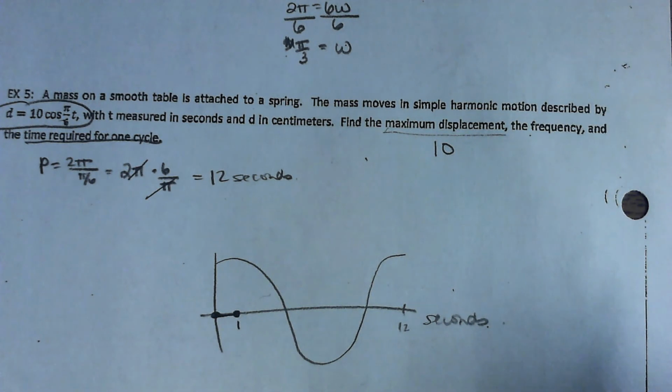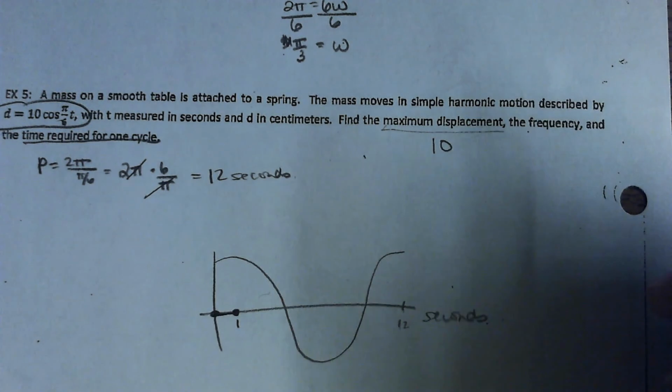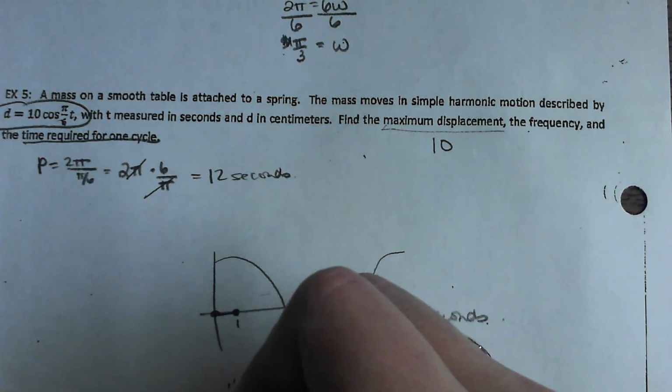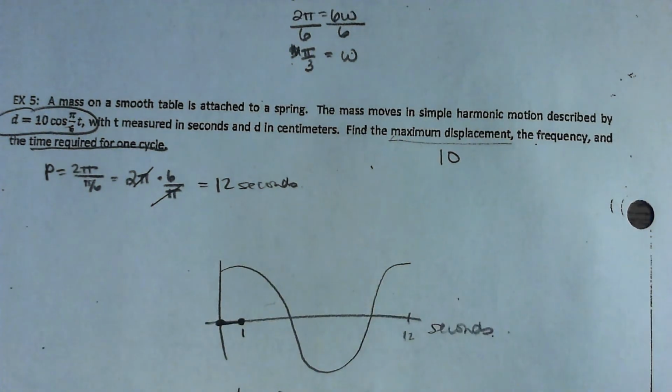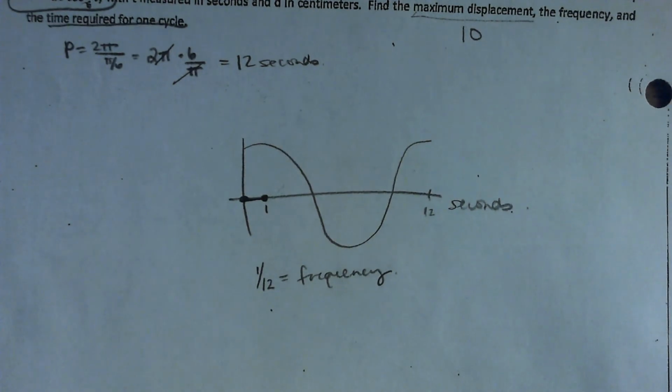Does that make sense? 1/12 of a cycle. The frequency to me is always just the reciprocal of your period. Whatever your period is, the frequency is just the reciprocal of that.